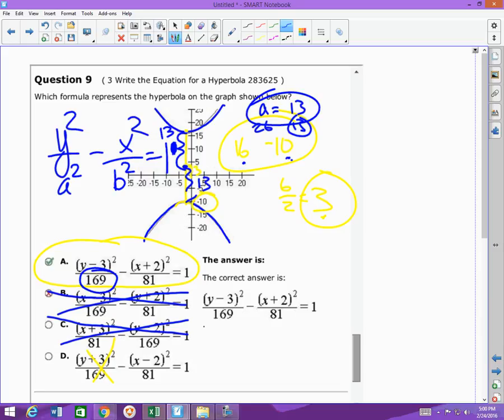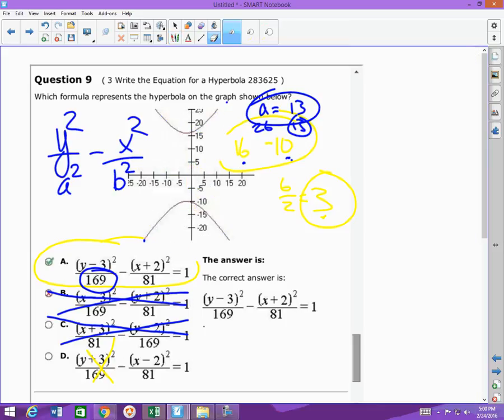Now, these other values that they give you, it's kind of hard to tell from this graph that it's shifted to the left 2. But apparently it is, because the vertex looks like it's right here and right here, and I guess that does show you that it is left 2. And then you know that the center, like I said, is right there, and those asymptotes go like that and like that.